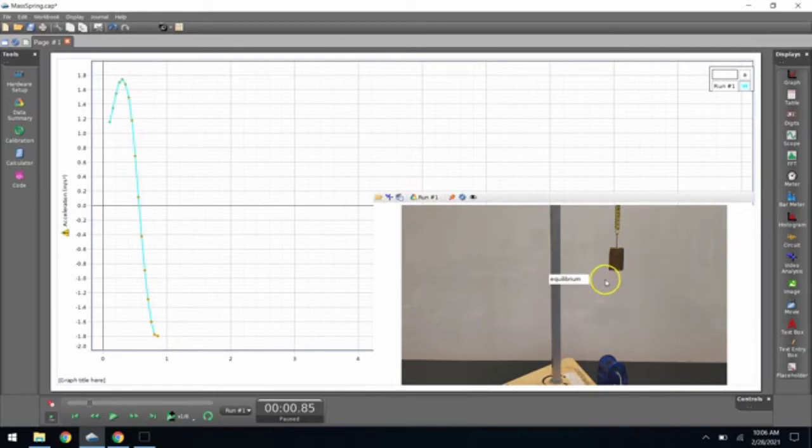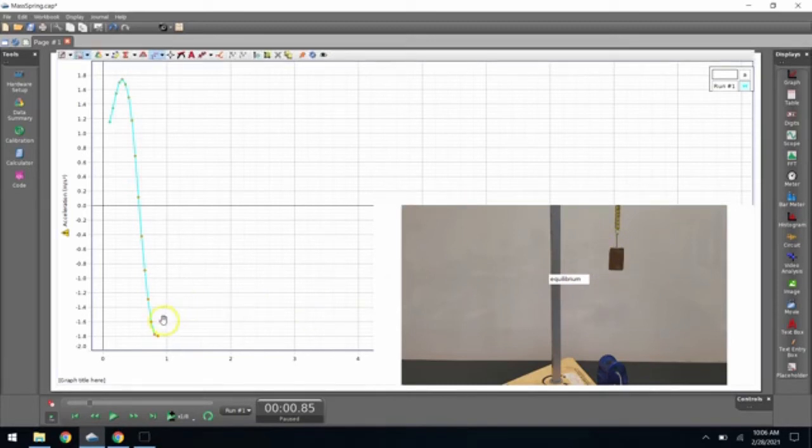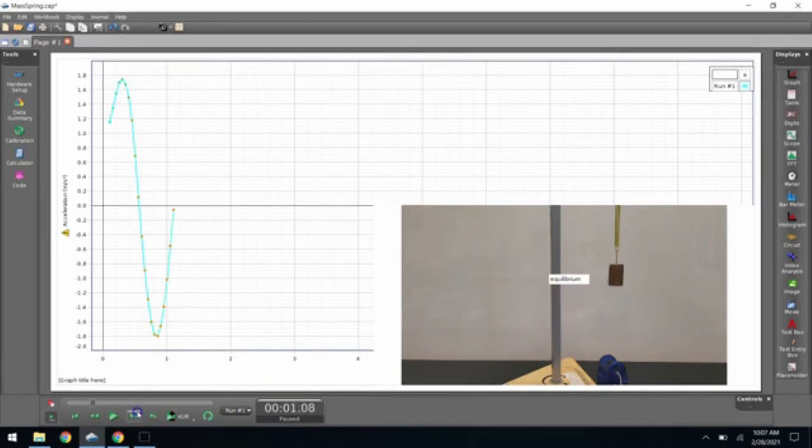So with the spring not stretched very much, the spring force now is smaller than the gravitational force. So the net force on this thing is directed downward, and so we get a downward net force and thus a downward acceleration. If I keep clicking forward, it returns to equilibrium again, so forces are balanced, no acceleration.